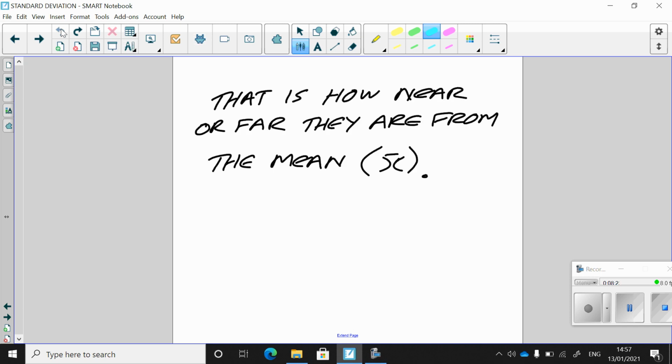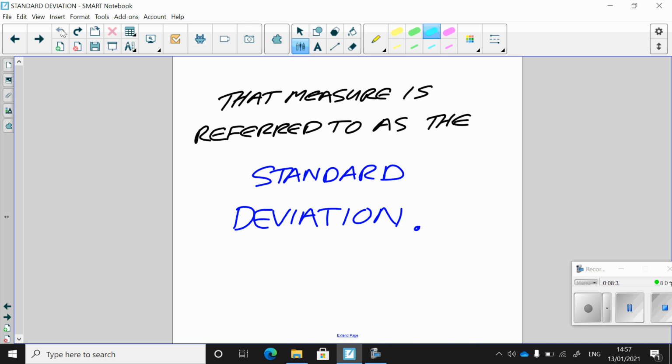Okay, so we need something else here that lets us know how close things are to the mean, near or far. The nearer the better, and that's called the standard deviation. Deviation means to deviate from a certain reference point, and our reference point is the mean here.